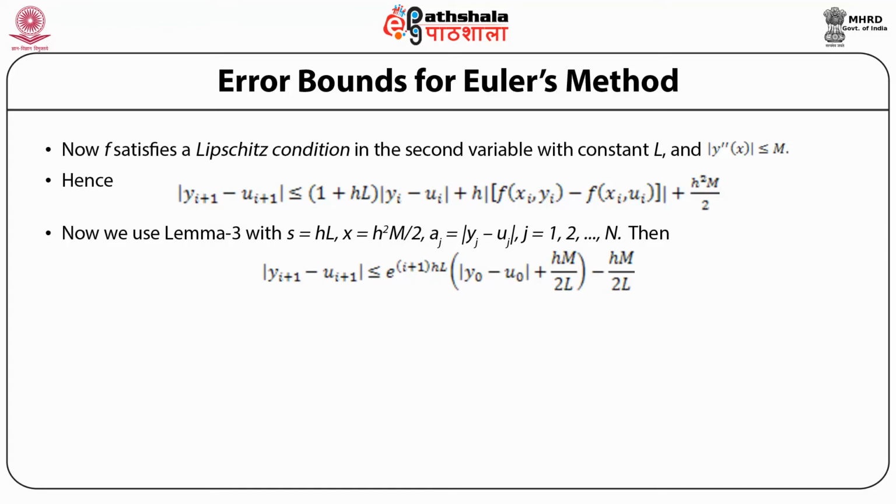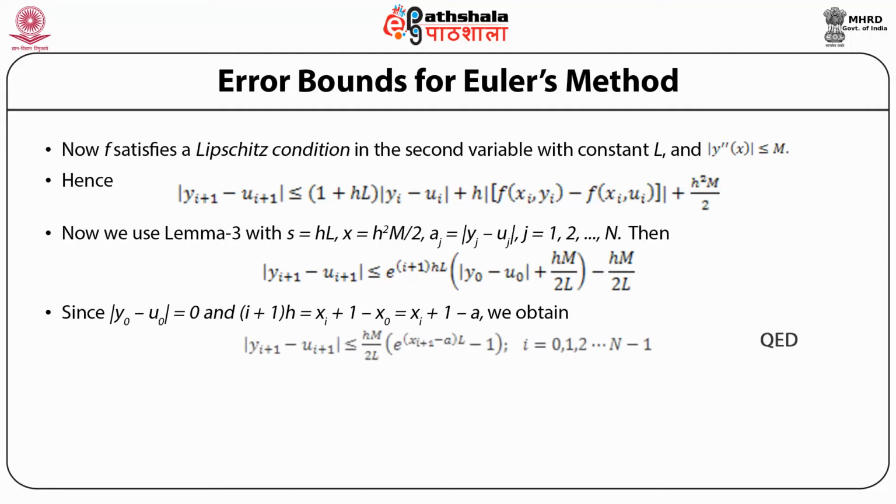Since mod of y_0 minus u_0 is equal to 0 and (i+1) into h equals x_{i+1} minus x_0 equals x_{i+1} minus a, we obtain mod of y_{i+1} minus u_{i+1} is less than or equal to h M by 2L into [e to the power (x_{i+1} minus a) L minus 1], where i varies from 0 to n minus 1.